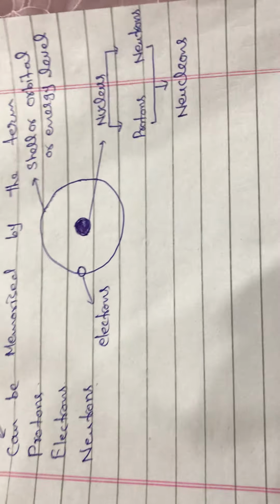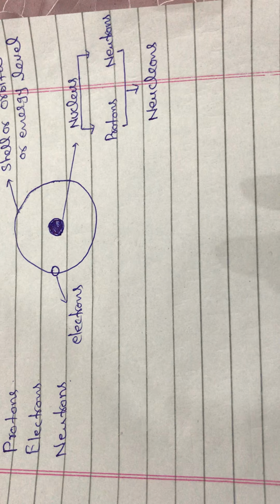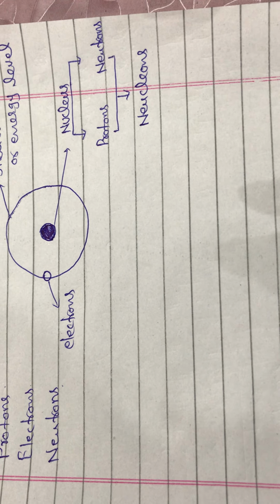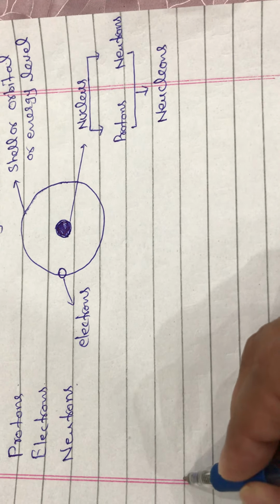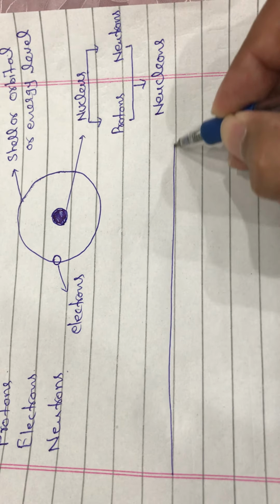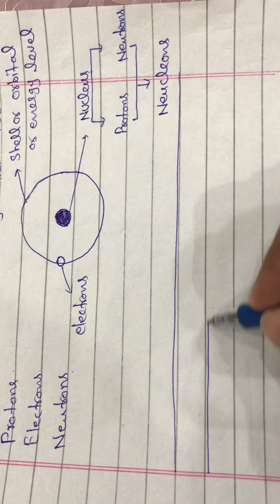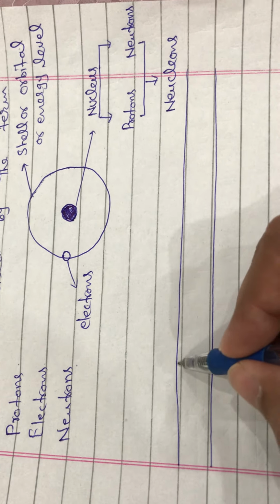In this way, we can get the information about where exactly the location of subatomic particles is in the atom. Now we have to learn about the relative masses and charges of those subatomic particles, that we can write in the form of a table.